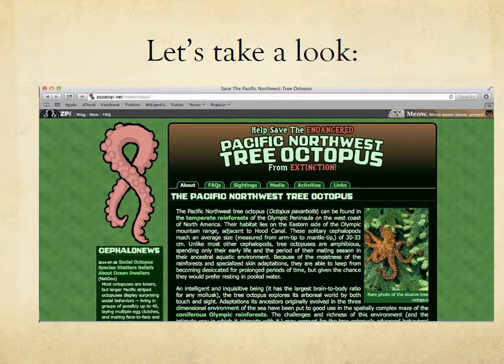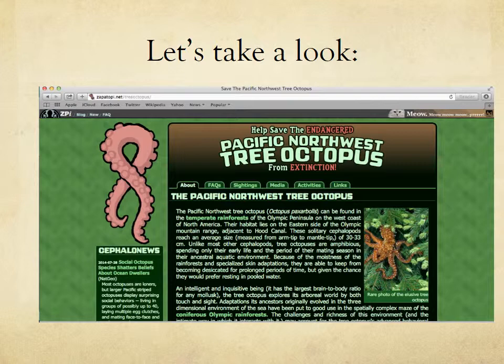So, let's take a look. This is a website regarding the Pacific Northwest tree octopus. We want to look at whether or not this website is credible. So first we're going to look at the fact that it is a .net website. And now we have it set to the About tab.